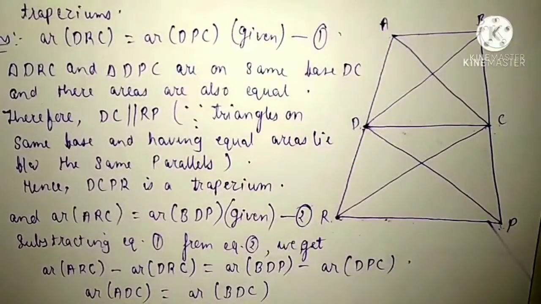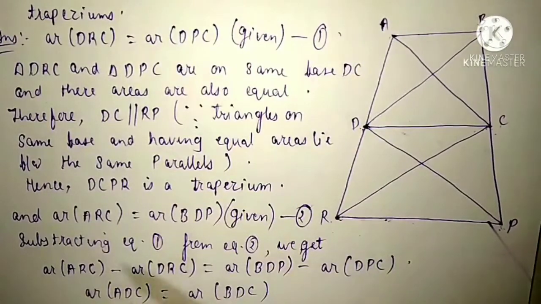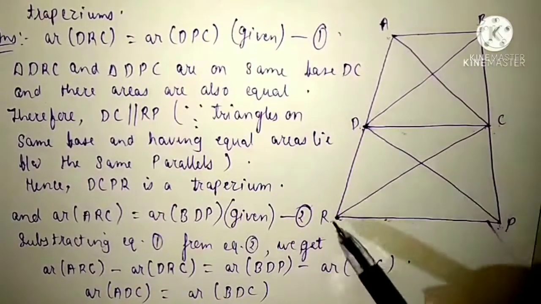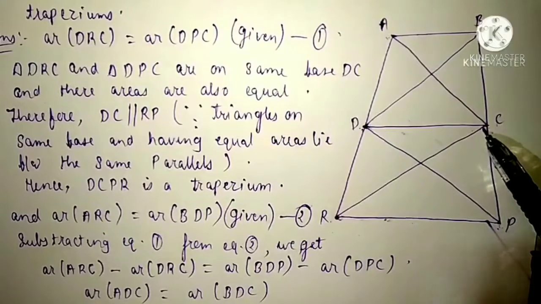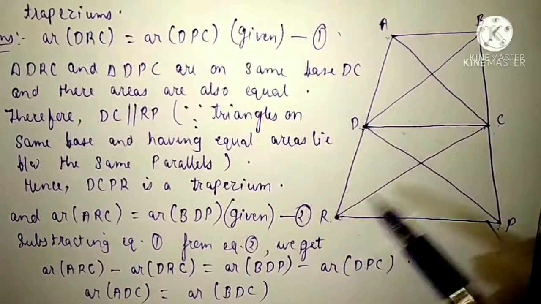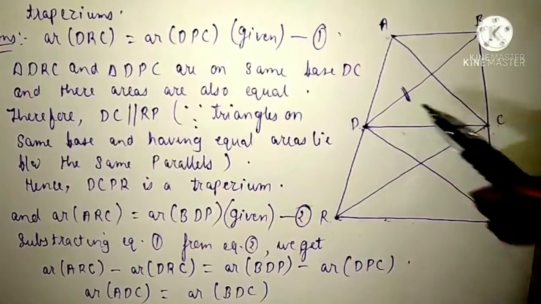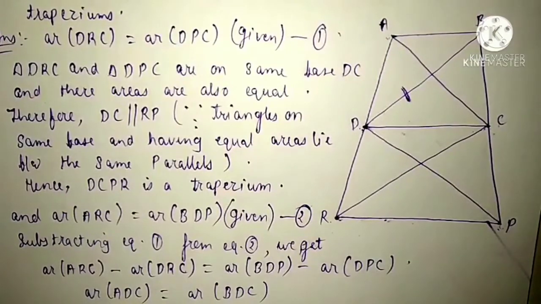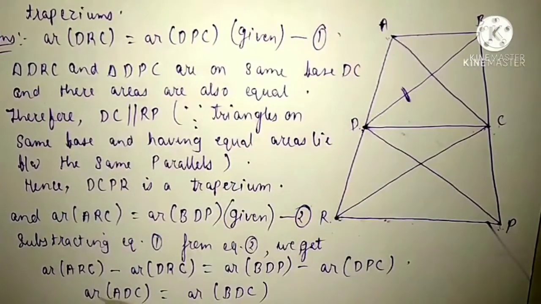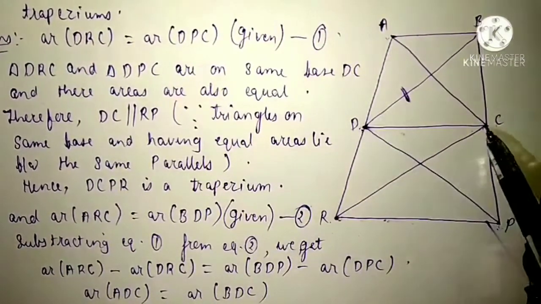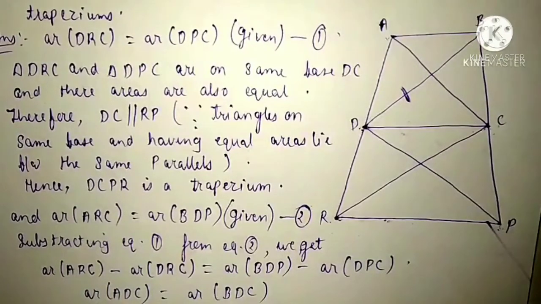Now see the LHS. ARC minus DRC. What will come? This triangle will come when we will subtract them. So LHS will be equal to area of ADC. Now see the RHS.